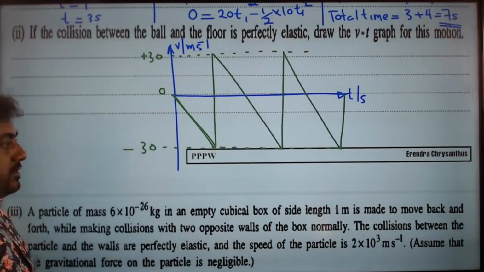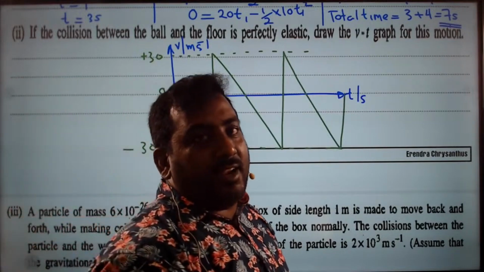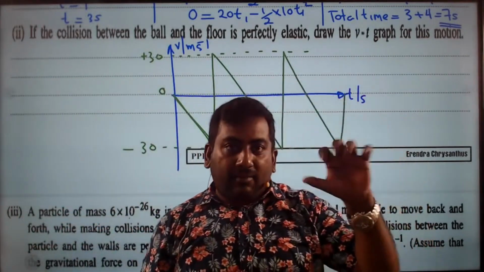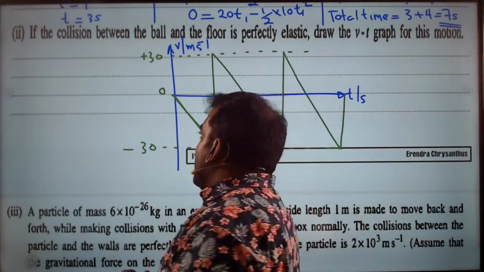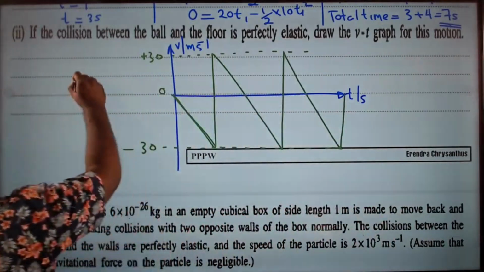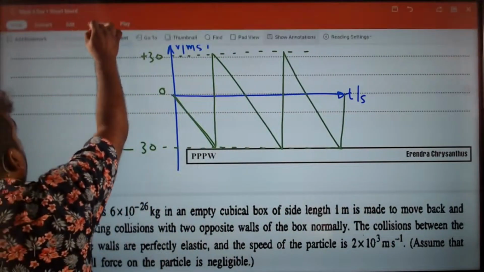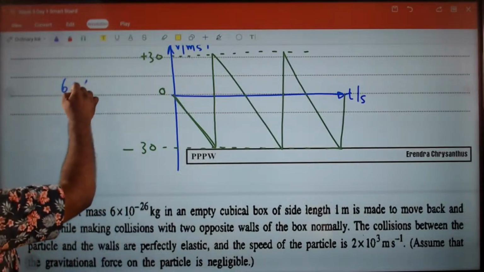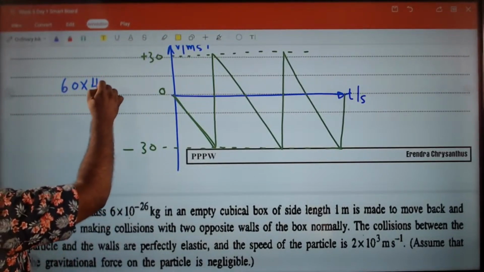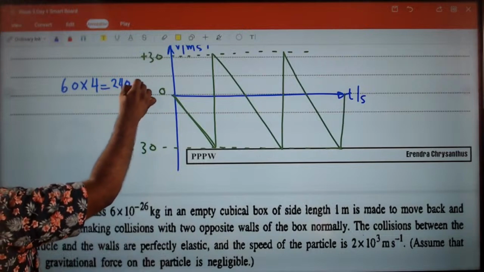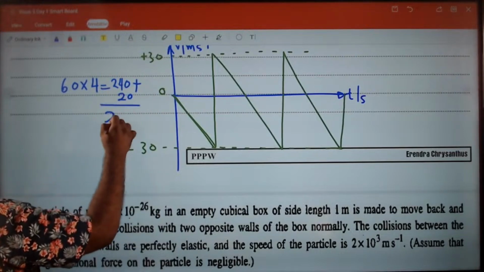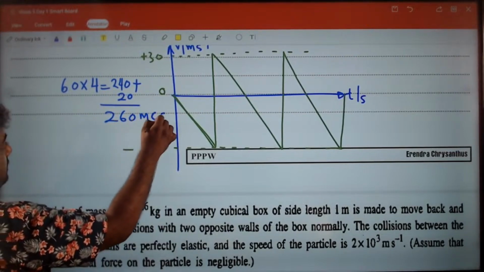So this concludes today's work. So this is week 5. How much work have we done? 60 MCQs, 4 times 40 plus today's 20, altogether 260 MCQs.